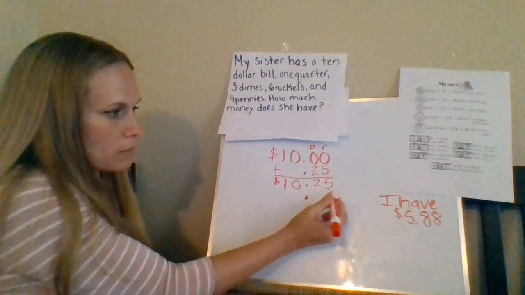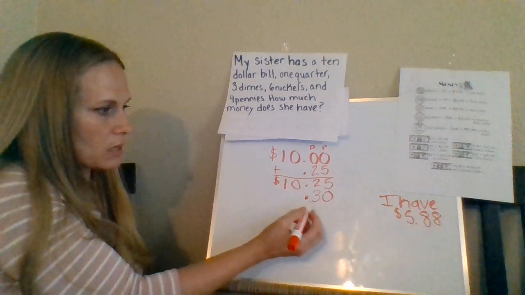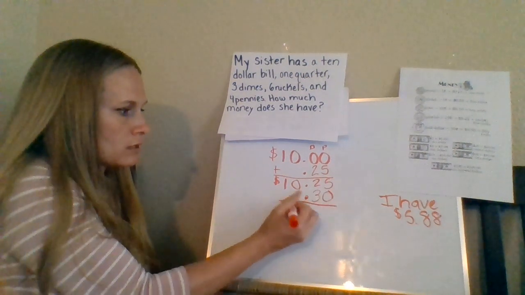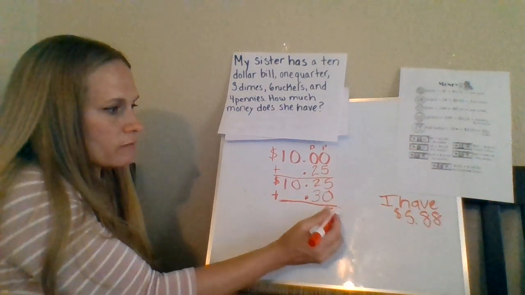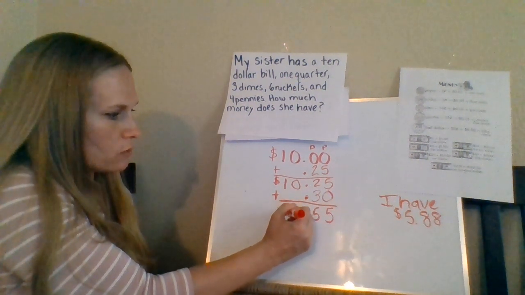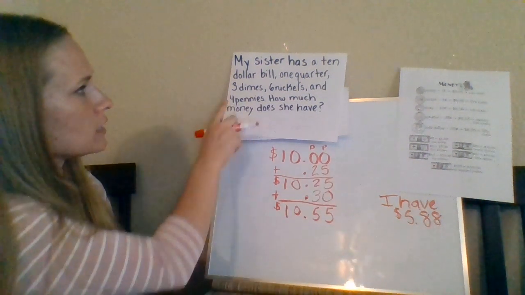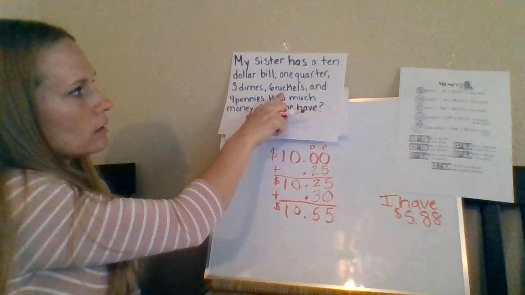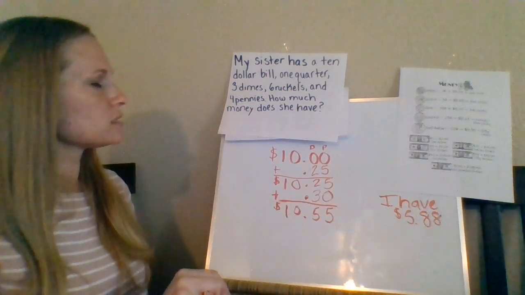I'm going to make sure that my 3 is in my tenths place. My 0 is in my hundredths place. 5 plus 0 is 5. 2 plus 3 is 5. Bring down my 0. I have $10.55.